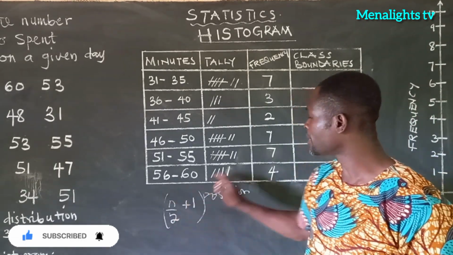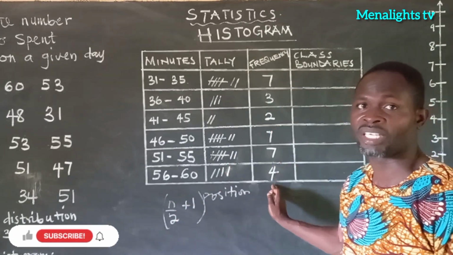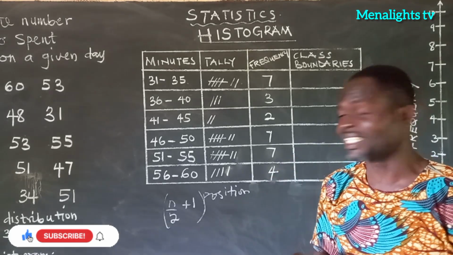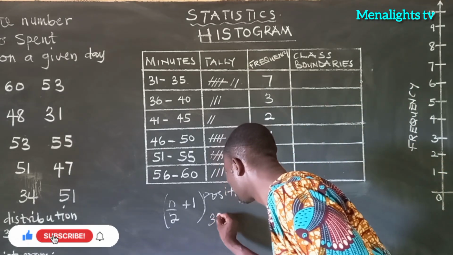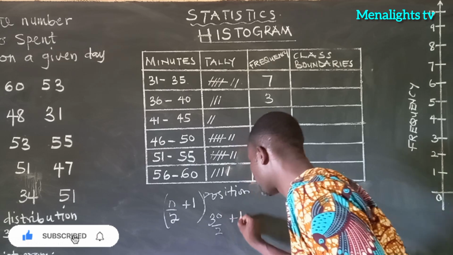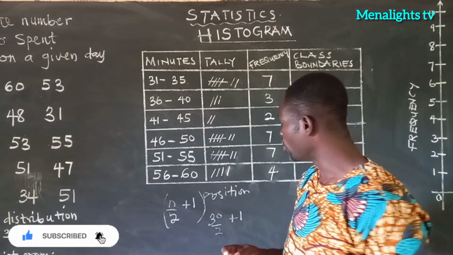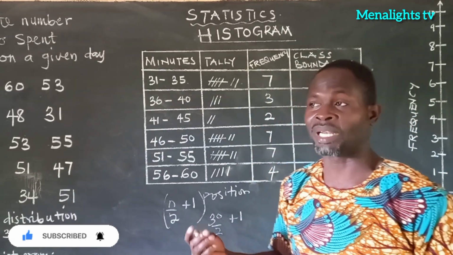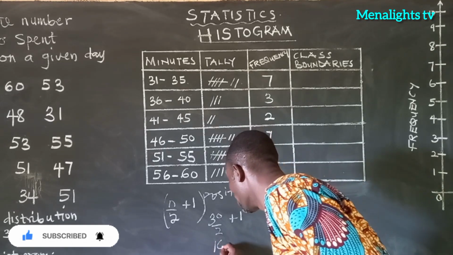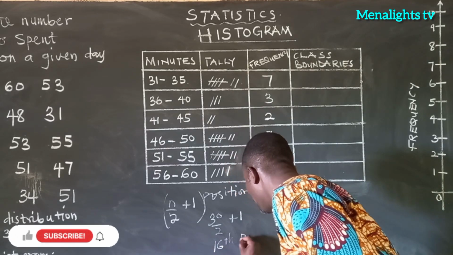And this n represents the total frequency that you have here. So the total frequency here is 30. So you have 30 divided by 2 plus 1. 30 divided by 2 will give us 15. 15 plus 1 will give us 16. So the 16th position.